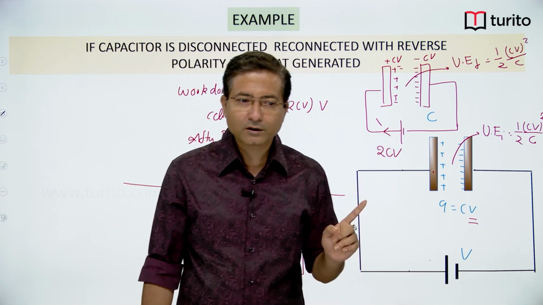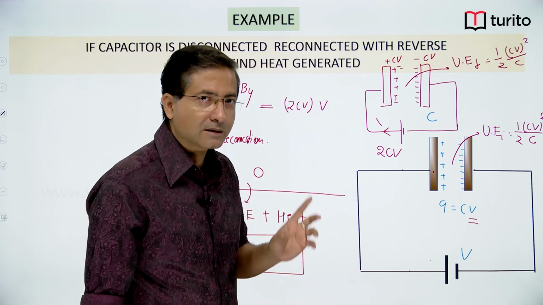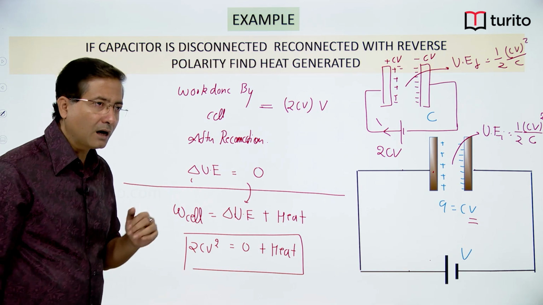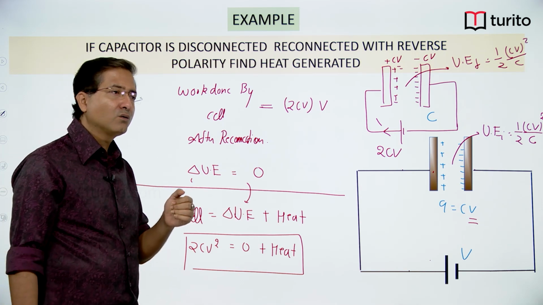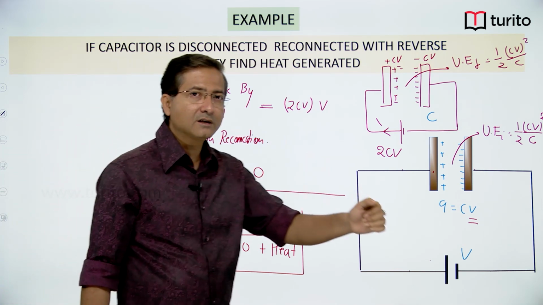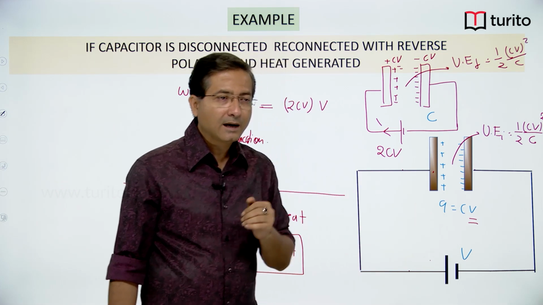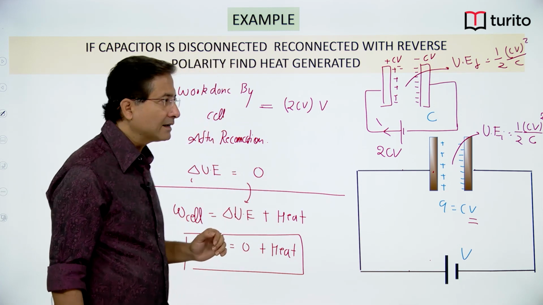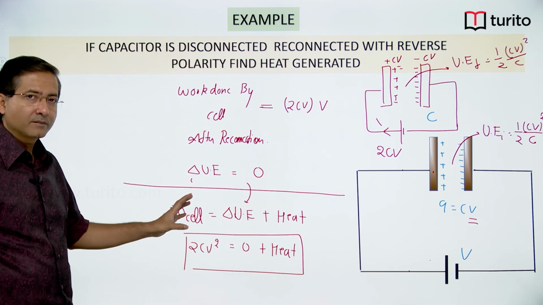If you remember, when we talked about the heat and the work done by the cell, for the simple case we got that half of the work done by the cell goes in the form of change in energy stored in the capacitor, and the remaining half gets converted into heat. But here we are getting a totally different result.